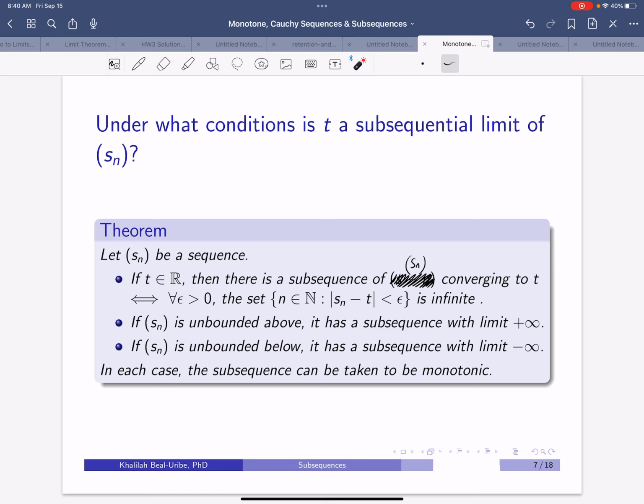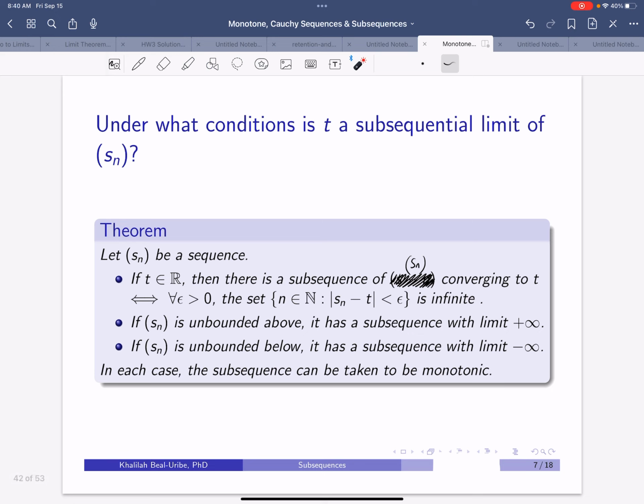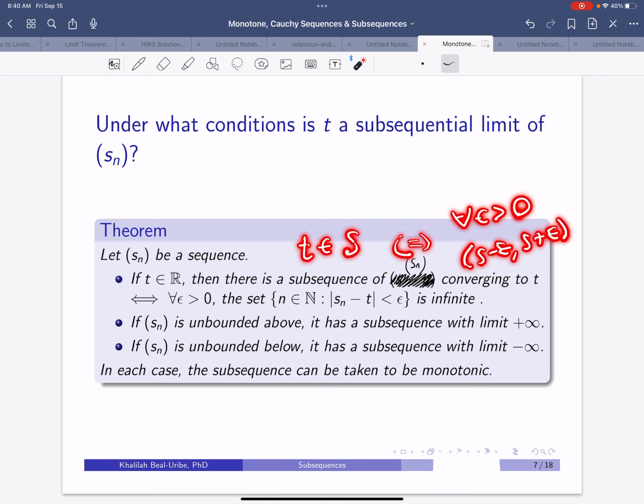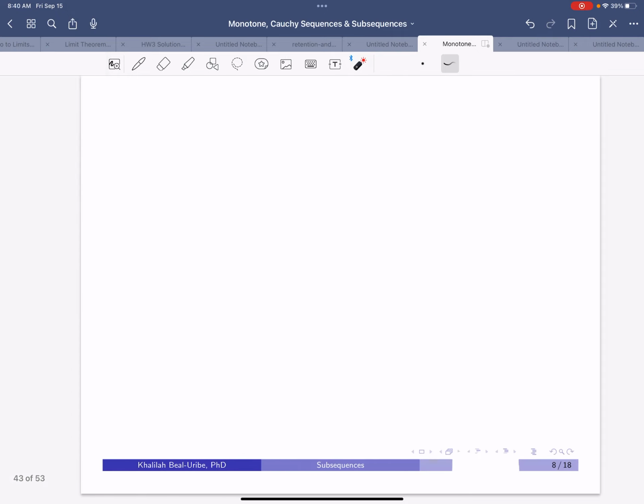Okay, so let's kind of run through why this would be true. We'll start off with this first one here. So we're saying if you have a real number, there's a subsequence converging to it, i.e. t belongs to S if and only if for every epsilon greater than 0, t minus epsilon to t plus epsilon contains infinitely many elements of the sequence.